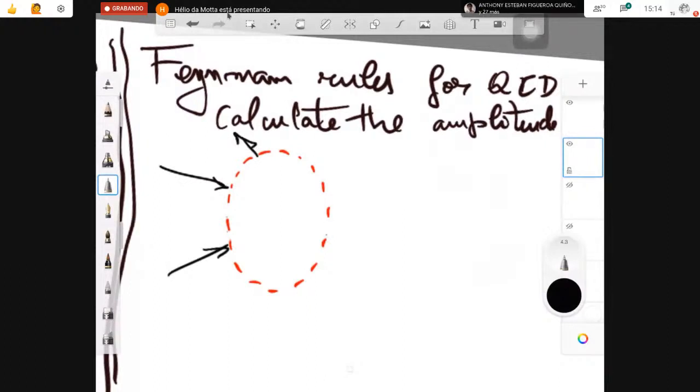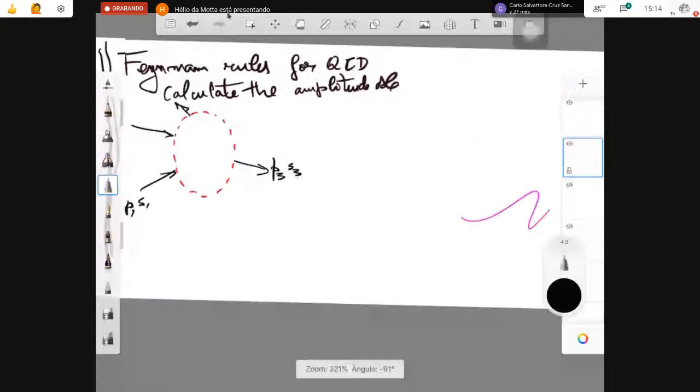Let's say here, for instance, we have P1 and it has spin 1. You have, say, P3 and spin 3. So the rules are very similar to what you have for the toy model.